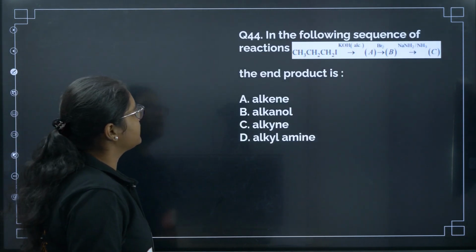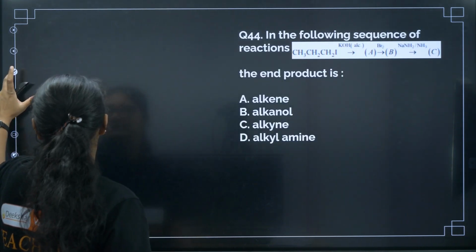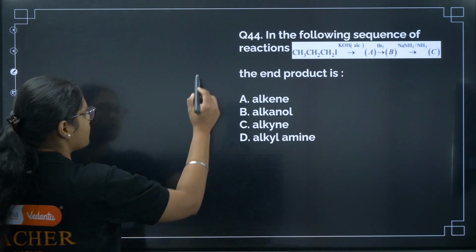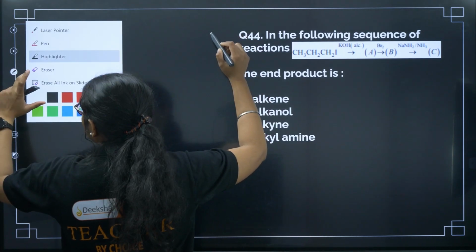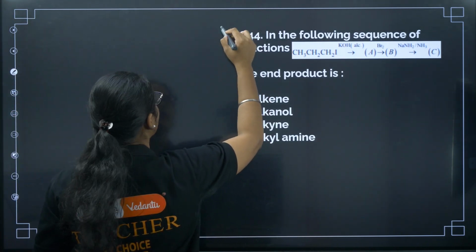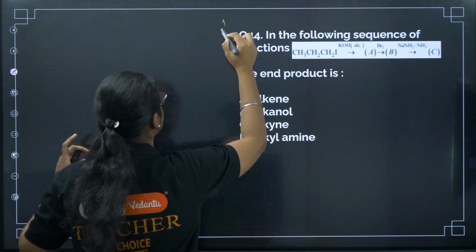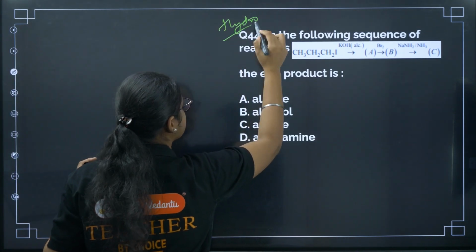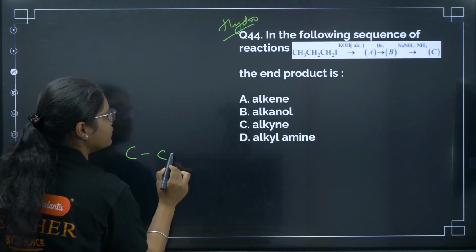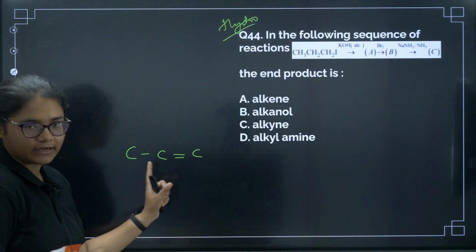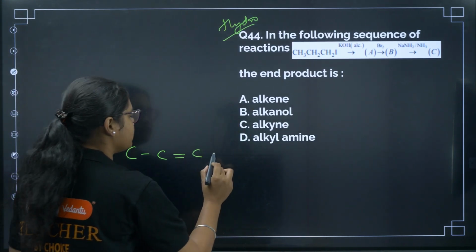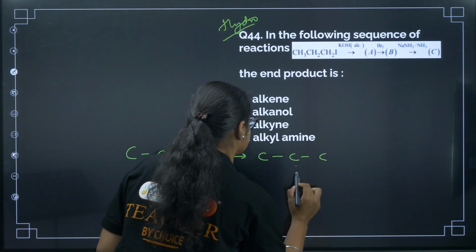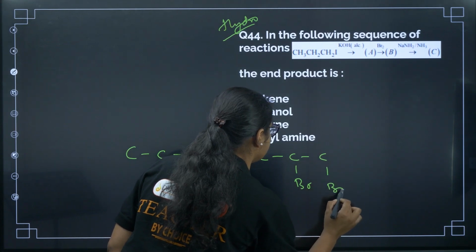Next, in the following sequence of reactions, the product is. This question is again from your hydrocarbon chapter. The reaction is a very easy one. Alcoholic KOH will do elimination first, so we will get a double bond. When Br2 is added, an addition reaction will happen, and 2 Br groups will be added.